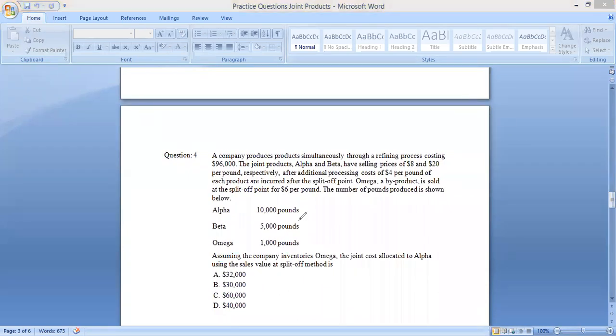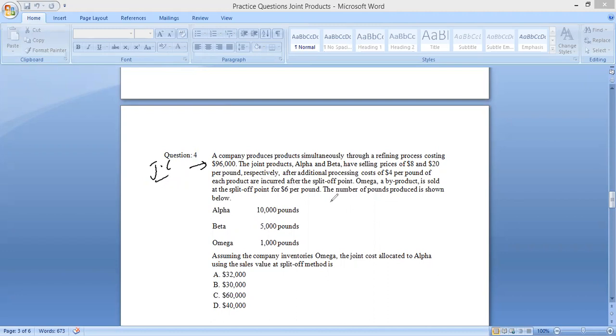He's saying a company produces two products simultaneously through a refining process costing 96,000. So this is the joint cost. As you are fully clear now, what is the meaning of joint cost?